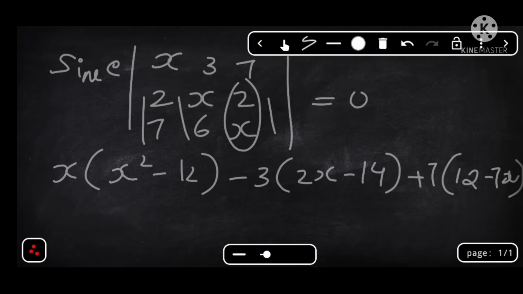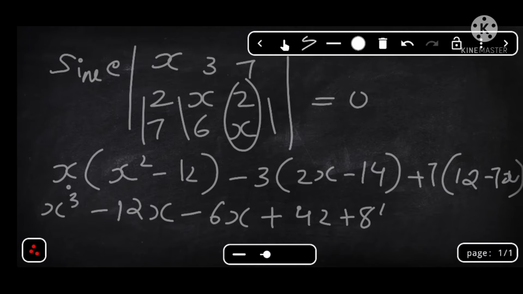So if we multiply this x inside, it is going to be x cube minus 12x, then here 6x plus 14 into 3 is going to be 42, then 7 into 12 is 84, then 7 into minus 7x, that is minus 49x, which is equal to 0.